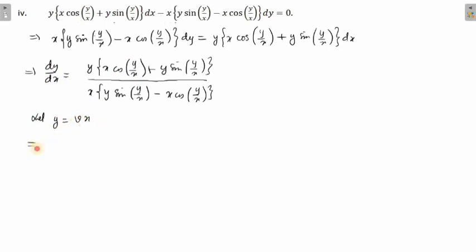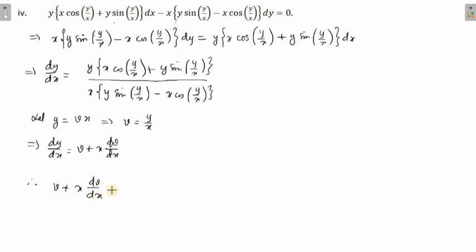From here you get dy by dx will be v plus x dv by dx. Also remember, v will be equal to y by x. Now simplify this. In place of dy by dx, I am going to write v plus x dv by dx.